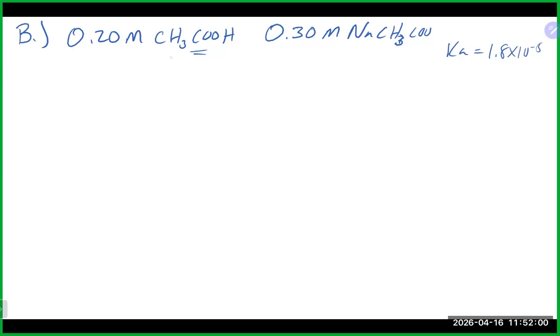Again, recognizing what we have going on here: a weak acid, and a salt, which is a strong electrolyte. As I mentioned before, the only thing between these two that is going to set up an equilibrium is the weak acid, because it's the weak electrolyte. So we do need to do an ICE table, and we would do it based off of our weak acid breaking apart.